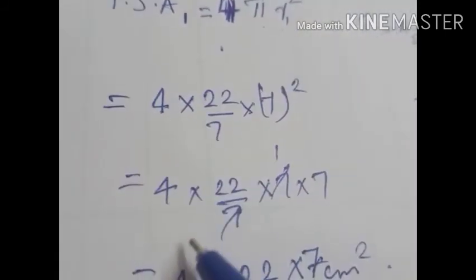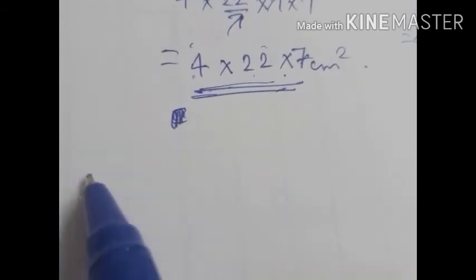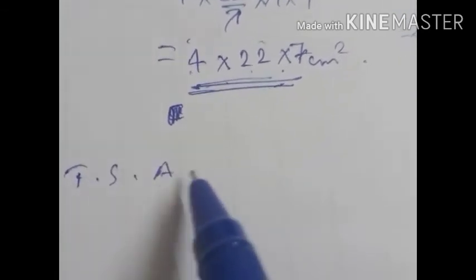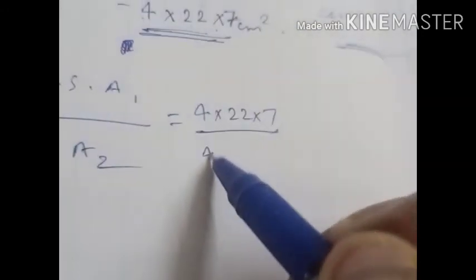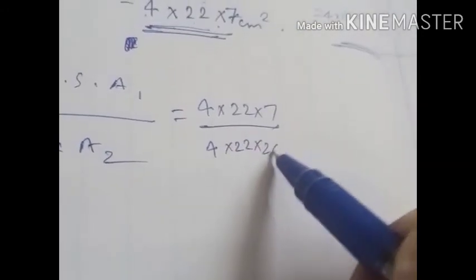Then we have to find their ratio. That means TSA 1 by TSA 2, surface area in two cases, that is equal to 4 into 22 into 7 by 4 into 22 into 2 into 14.